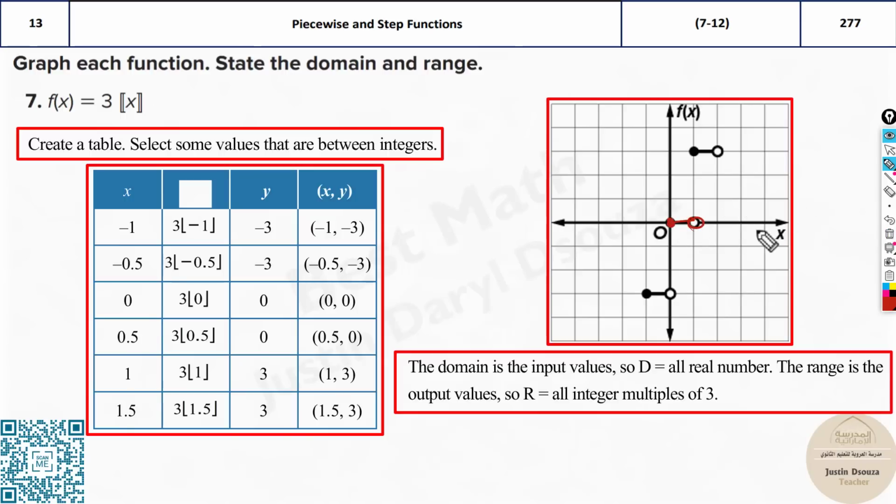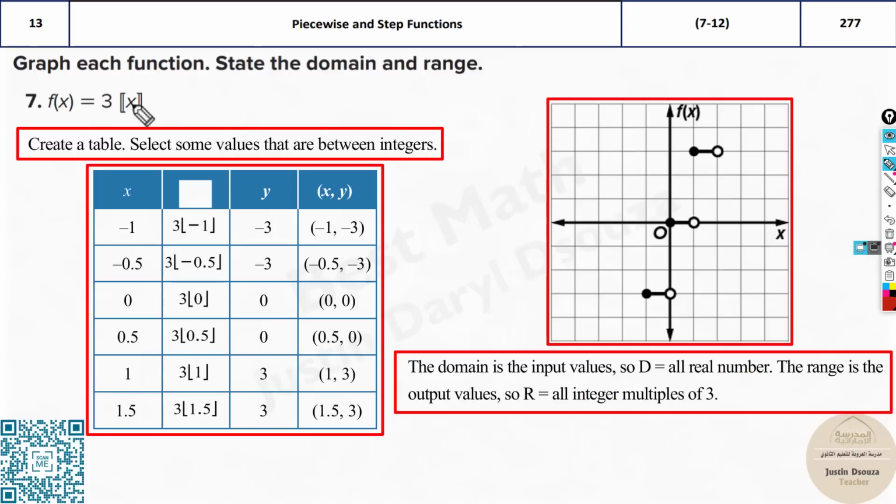Now the domain is always all real numbers, I'll just explain this quickly, but the graph is more important. Here the range is multiples of whatever this number is, multiples of 3. Remember, it's only integer multiples. Integer means whole numbers like -1, -2, 1, 2, 3. No decimals are included. That's the concept.